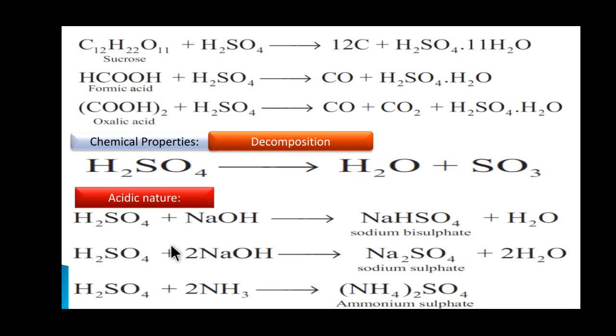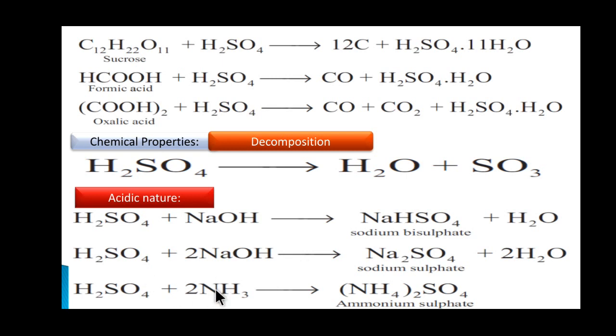Is it clear? So for the strong base, sodium hydroxide, and the weak base, ammonia: when sulfuric acid reacts with a strong base, it gives a neutral salt such as sodium bisulfate. Is it clear? And with excess moles, it gives the product disodium sulfate.